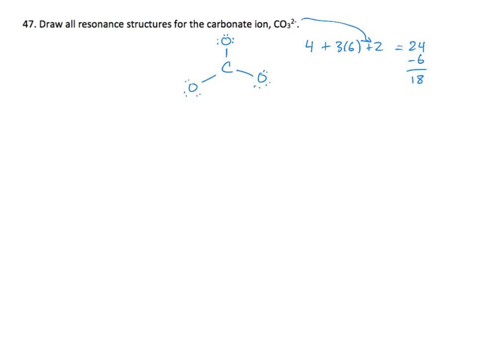If we use the left-hand oxygen first, maybe we'll draw this in red, we'll get a carbon, double bond oxygen, single bond to this oxygen, and a single bond to that oxygen. If instead we used the top, we're going to bring that one down.